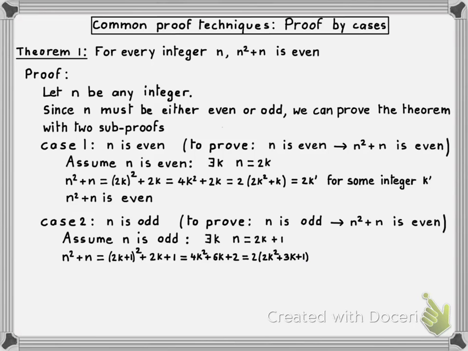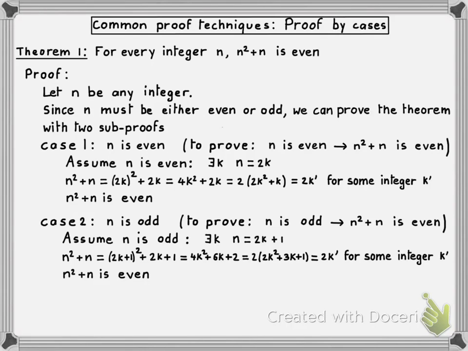It must be because k is itself an integer. Therefore, we were able to write n squared plus n in the form 2 times some integer k prime. And that is the definition of an even number. So we can conclude that n squared plus n is even. And this is the conclusion of the second subproof, in other words, the proof of case 2.